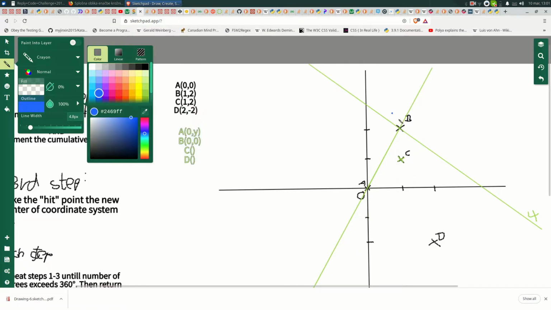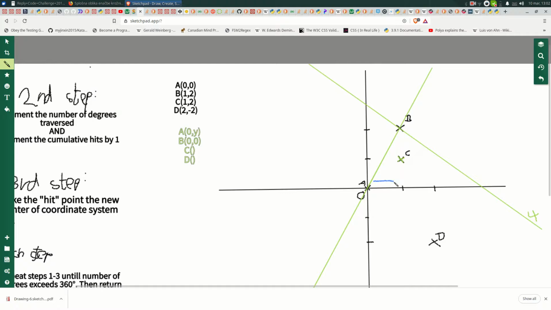First, we move the center 1 point in the x-axis and 2 points in the y-axis. And after that, we tilt it by this angle, which is alpha from the first step.